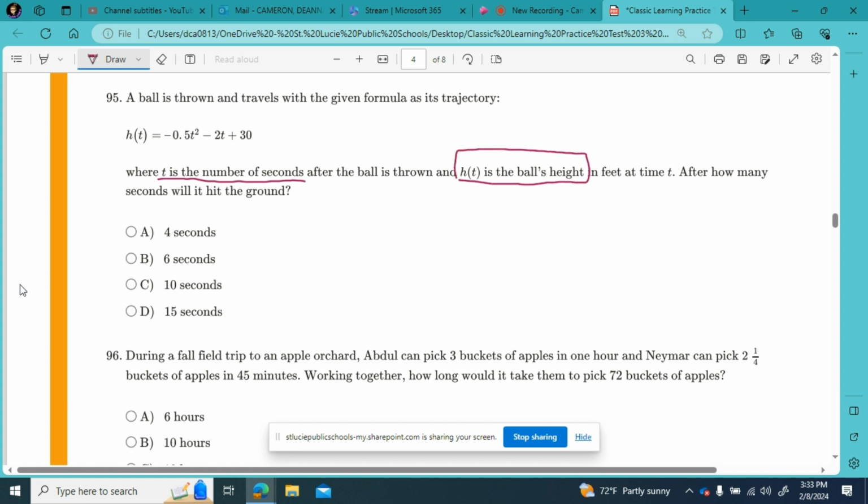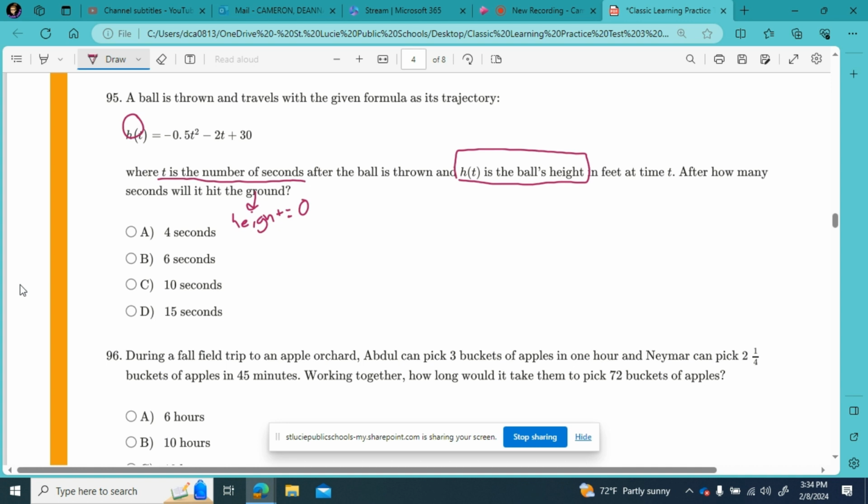After how many seconds will it hit the ground? Well, when it hits the ground, our height is where? Our height's 0. So we want to plug in a 0 here and find out what t is.